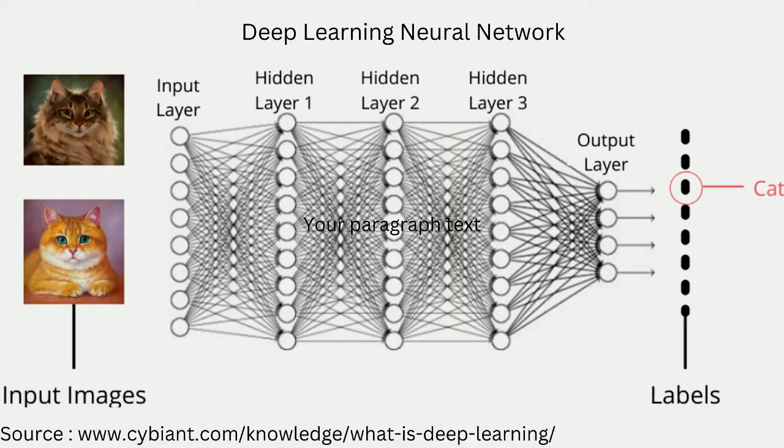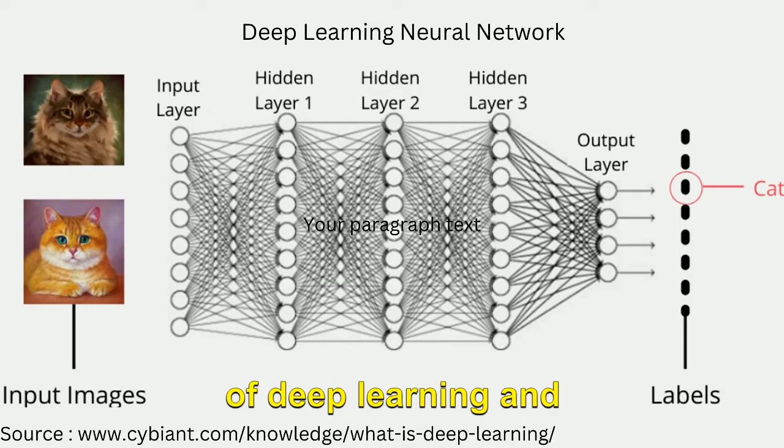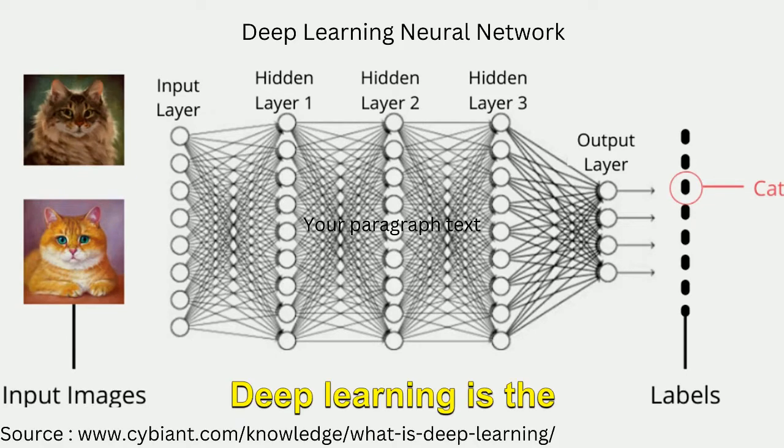Now, let's quickly understand the basics of deep learning and artificial neural networks. Deep learning is the subset of machine learning that uses artificial neural networks to learn from data.